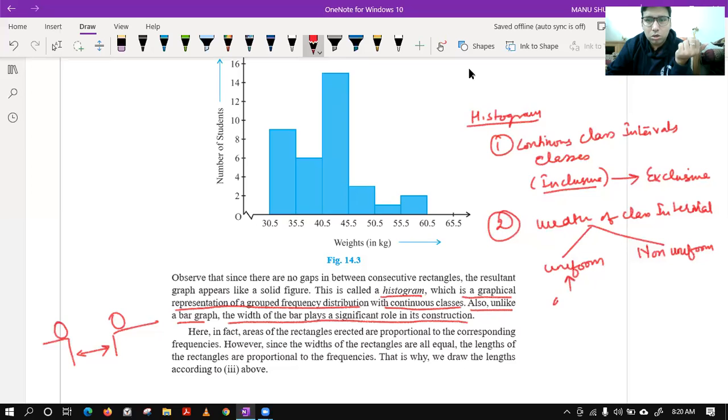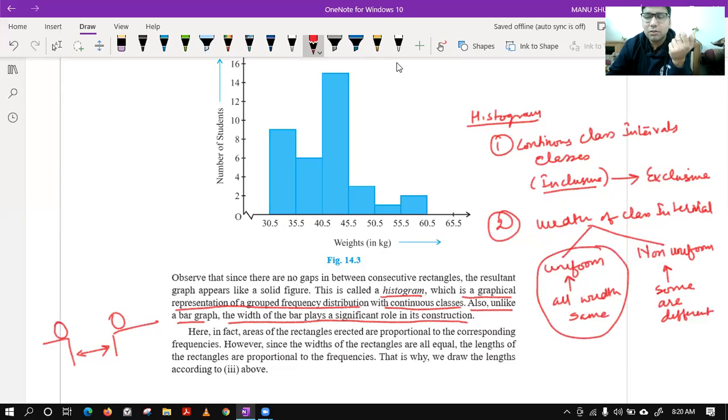Uniform means all widths are the same. In the non-uniform case, some or all are different. So first, as usual, we will take the ideal case when all the widths are uniform, and we will understand the logic behind this, why we are changing this. Okay, we will see why this width is important for us.